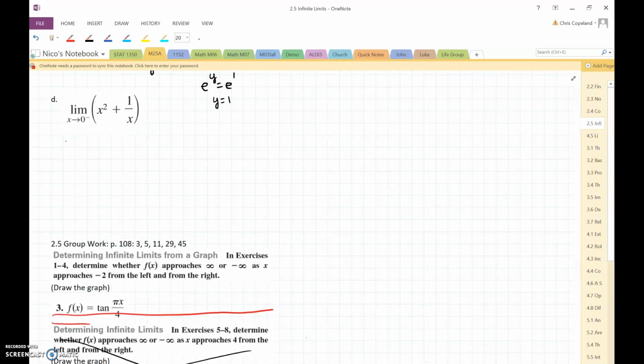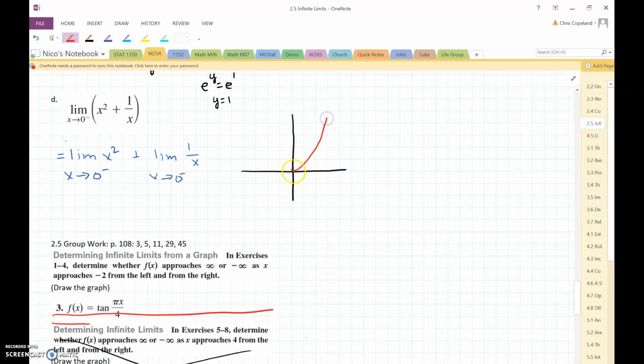Okay, the last one here. I'm going to rewrite this as the limit of x squared as x approaches 0 from the left plus the limit of 1 over x as x approaches 0 coming from the left. X squared, that should be a very familiar function that we are used to graphing. It's going to be a parabola. Okay? As x approaches 0 coming from the left, that's going to be equal to 0.